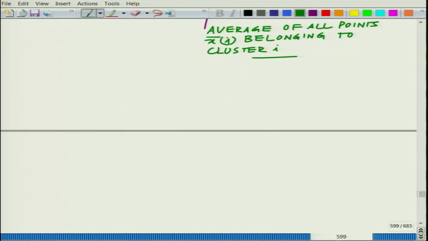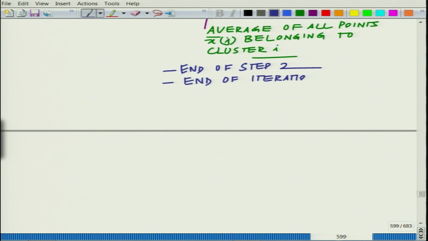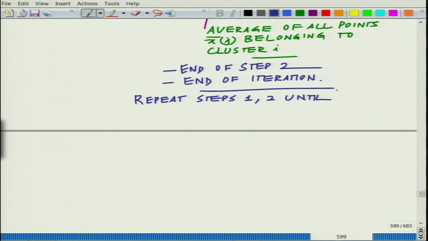So, this is the end of step 2, in fact I would also say the end of the iteration. Now what we do is repeat steps 1, 2 until convergence.